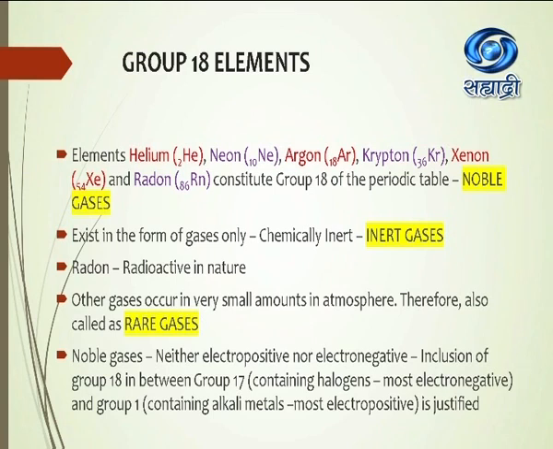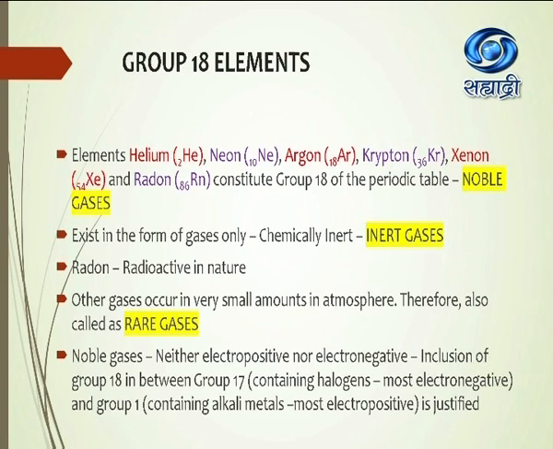So, if we just consider the position of group 18, then before group 18 is group 17, halogens, highly electronegative, and after group 18 is group 1, highly electropositive, that is alkali metals.